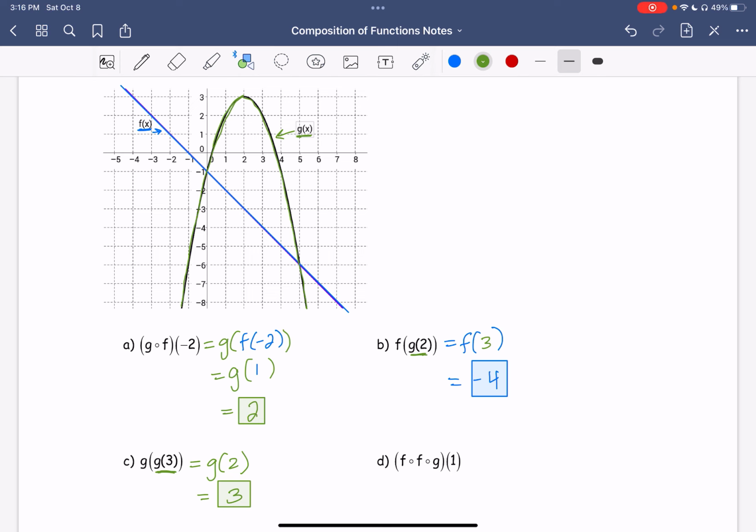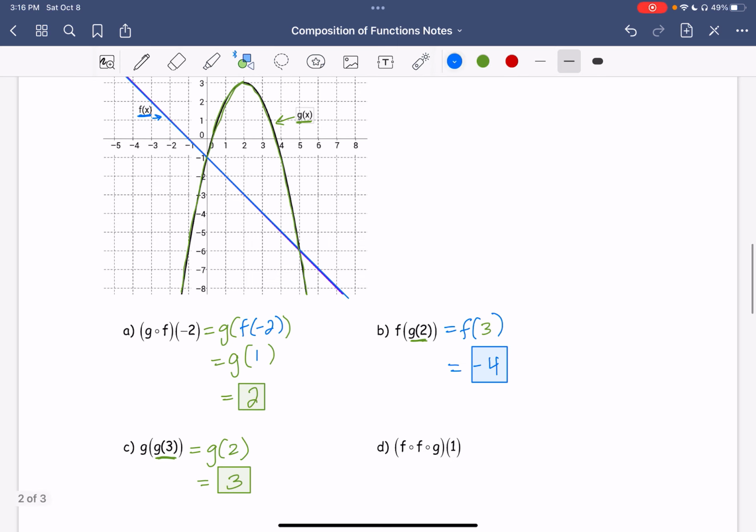Okay, now let's try f composed with f composed with g, or we can rewrite that as f of f of g of 1. Okay, and starting with the inside always, you're going to find g of 1. So you go to x equals 1 and go up to the g of x graph, and that's at y equals 2. So we'll rewrite this as f of 2. And then we're going to do it again.